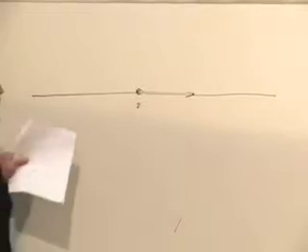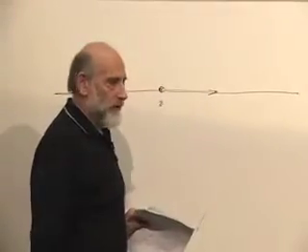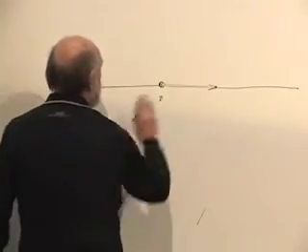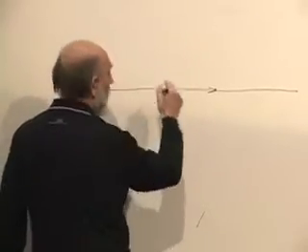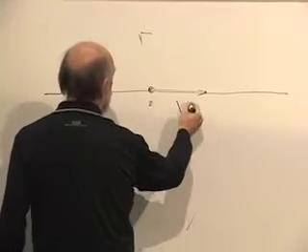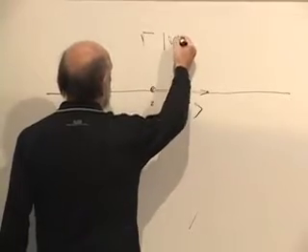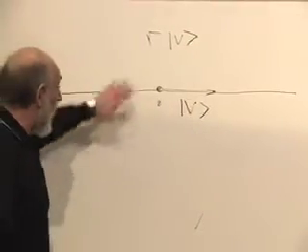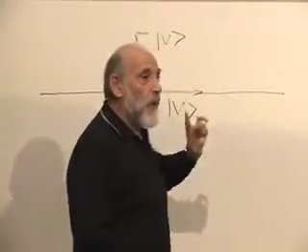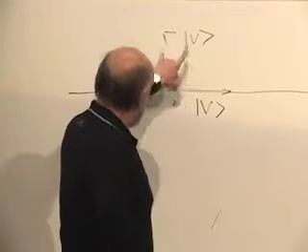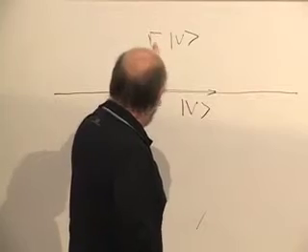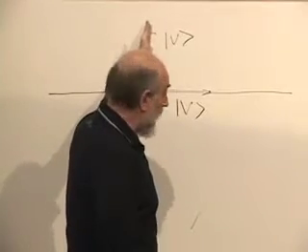If I'm allowed to multiply this vector, this could be a unit vector, or it doesn't have to be, by any real number, let's call it r, and let's call this the vector v, and r can be positive or negative, then I can get any vector out of it. So it only takes one vector to get started and to be able to represent any vector by, in this case, just multiplying it by a constant.